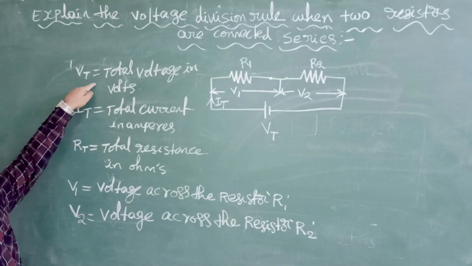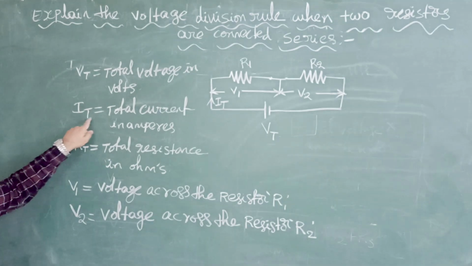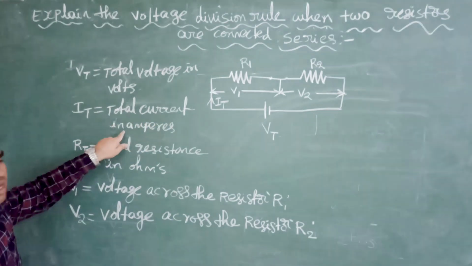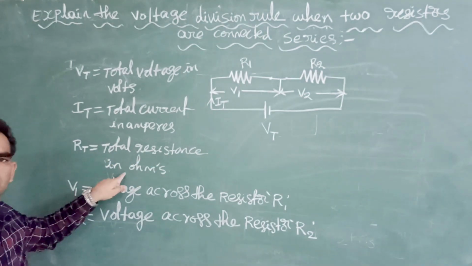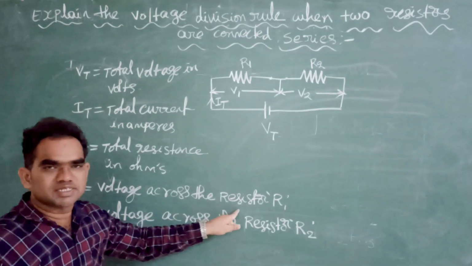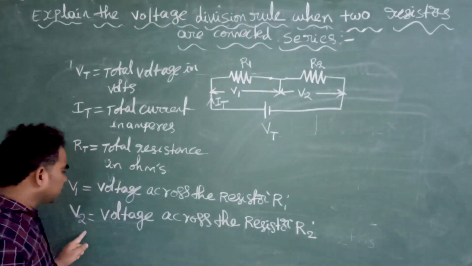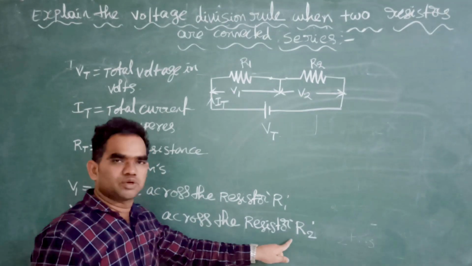Vt is equal to total voltage in volts. It is equal to total current in amperes. RT is equal to total resistance in ohms. V1 is equal to voltage across the resistor R1. V2 is equal to voltage across the resistor R2.